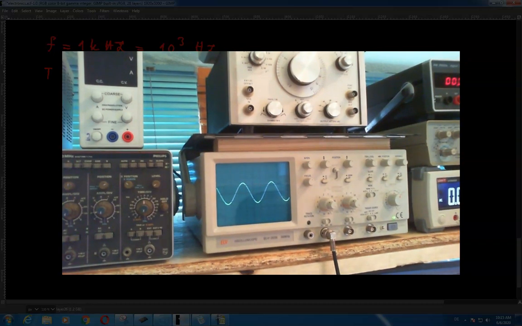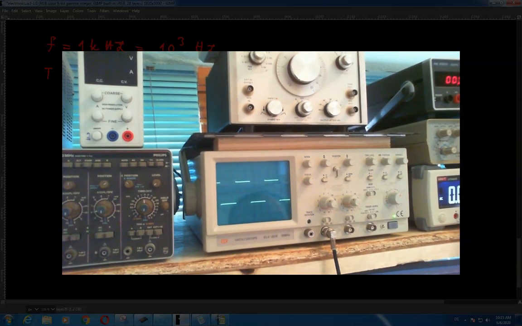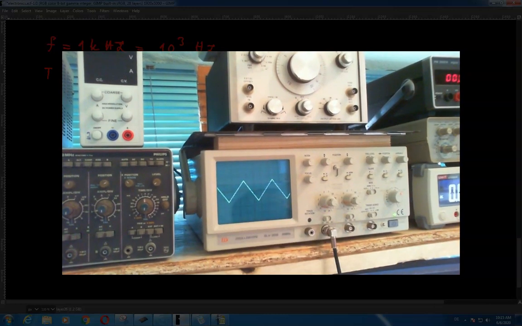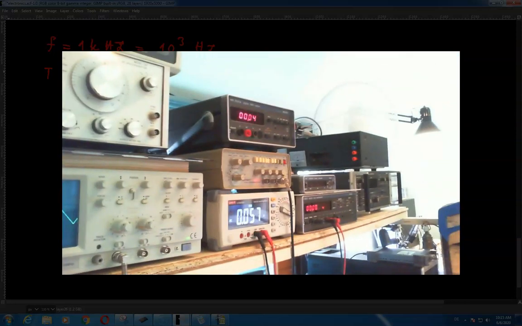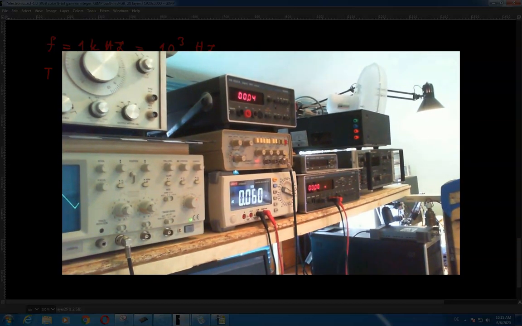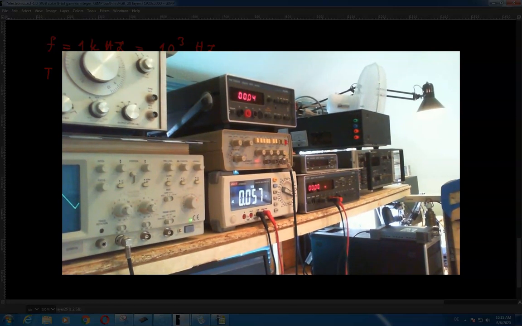The point is that you can create a sine wave, a square wave, and also a triangular wave, right? So for example, if you have an RMS meter, something like this, it can read a triangular wave, a square wave, or a sine wave for you, all the way up to probably 50 or a couple of megahertz.